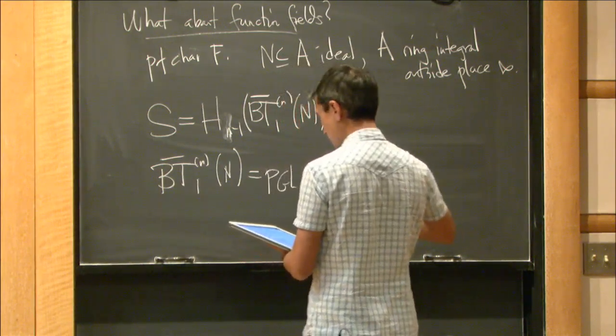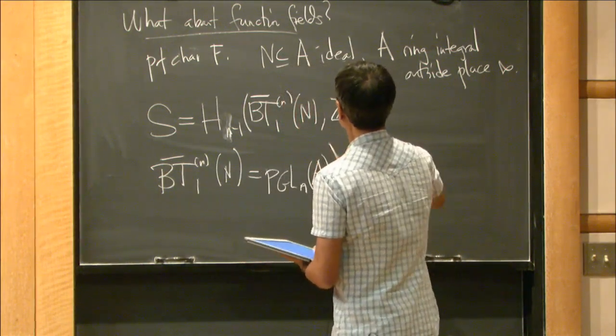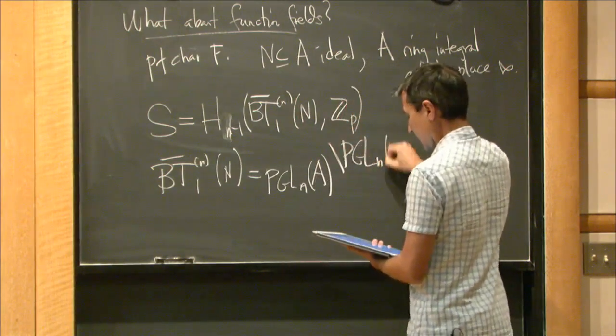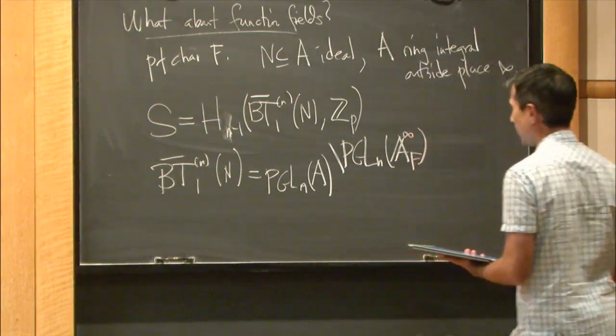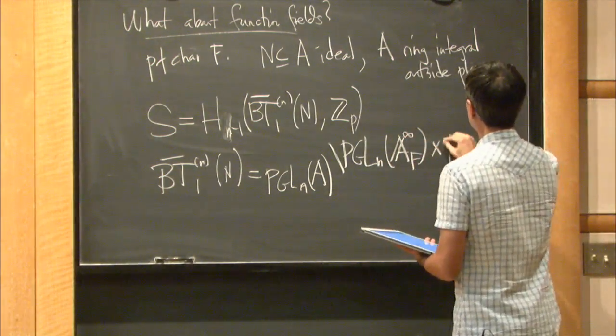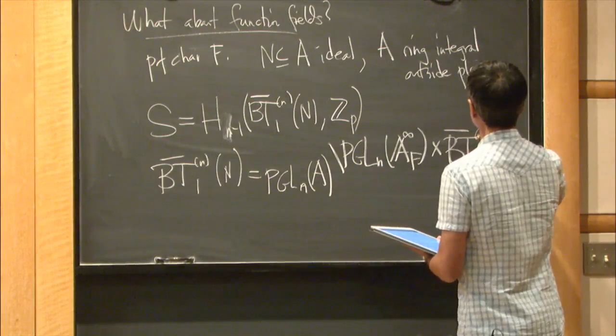Got to remember to write n. I have a lot of d's written here. OK, PGL_n of A_F, the adeles outside this one place. And then you have something which I still have to define here.